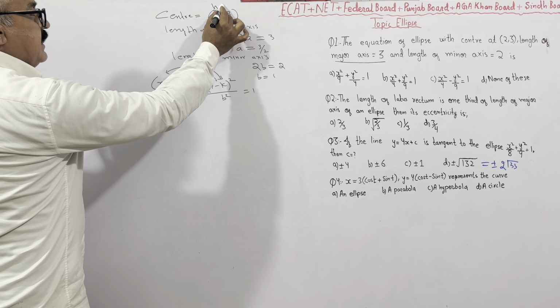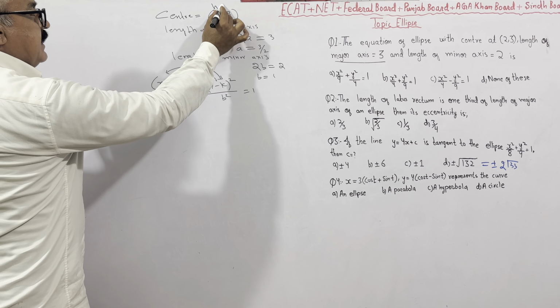Now by adding, x over 3 whole square plus y over 4 whole square is equal to, opening this up, cos square t plus 2 times cos t sin t plus sin square t, plus cos square t minus 2 cos t sin t plus sin square t. On adding, the middle terms cancel out: cos square 2 cos square, sin square 2 sin square.